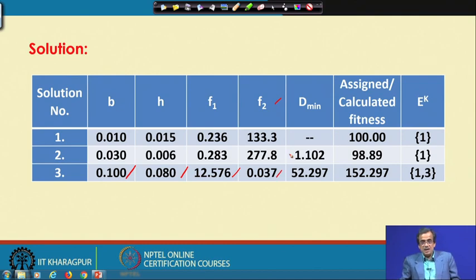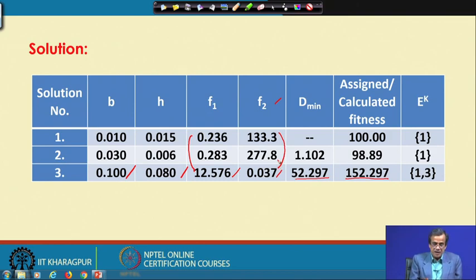Now, let us see how to decide whether the third solution will enter the elite set or not, and how to calculate its fitness and find this d minimum. To take that decision, I will have to concentrate on the non-dominated set. That means, I will have to compare this value of f1 with this, and this value of f2 with this.